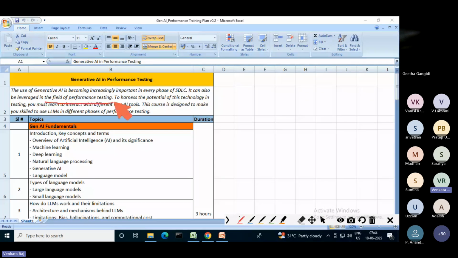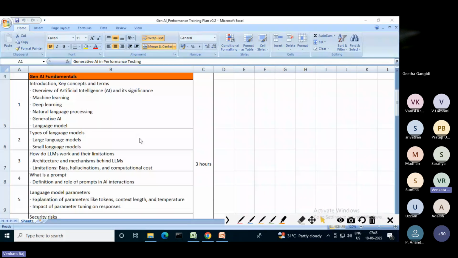In order to understand how generative AI can help us in performance testing, we need to learn how to interact with the different Gen AI tools. So this particular course has been designed to make you skilled to use the LLMs. We'll see in some time what an LLM is. We will see how we can implement this, by interacting with the LLMs, in the different phases of performance testing.